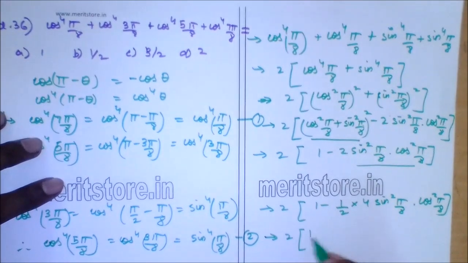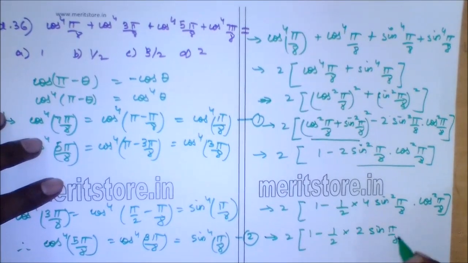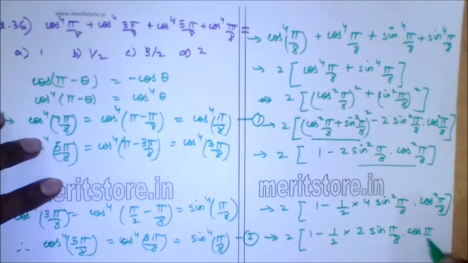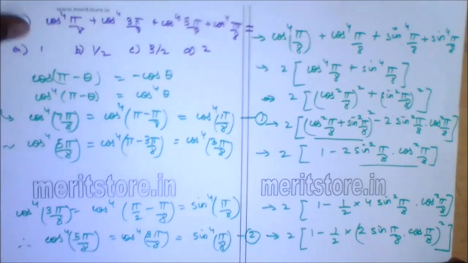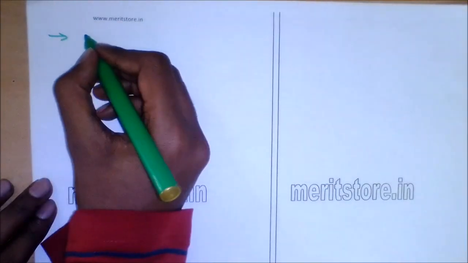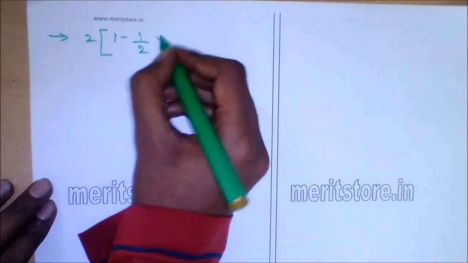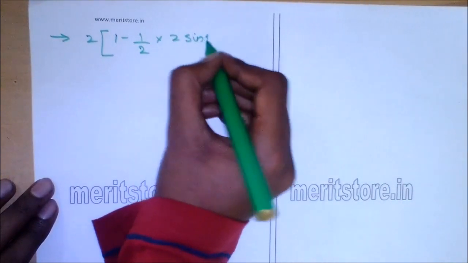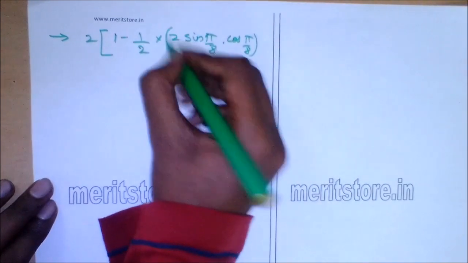That is 2 times 1 minus half into 2 sin pi by 8 cos pi by 8 the whole square. I will rewrite the equation. So that is 2 into 1 minus half into 2 sin pi by 8 into cos pi by 8 the whole square.